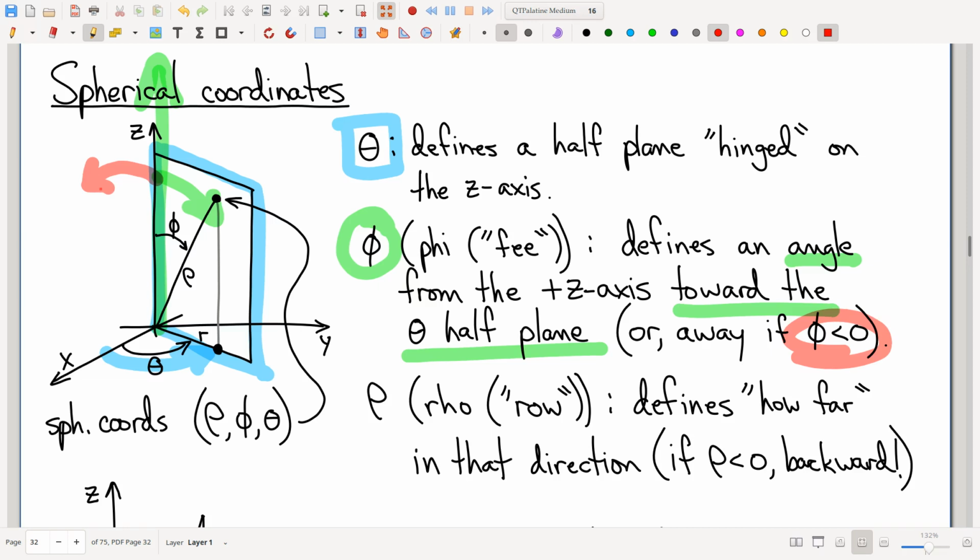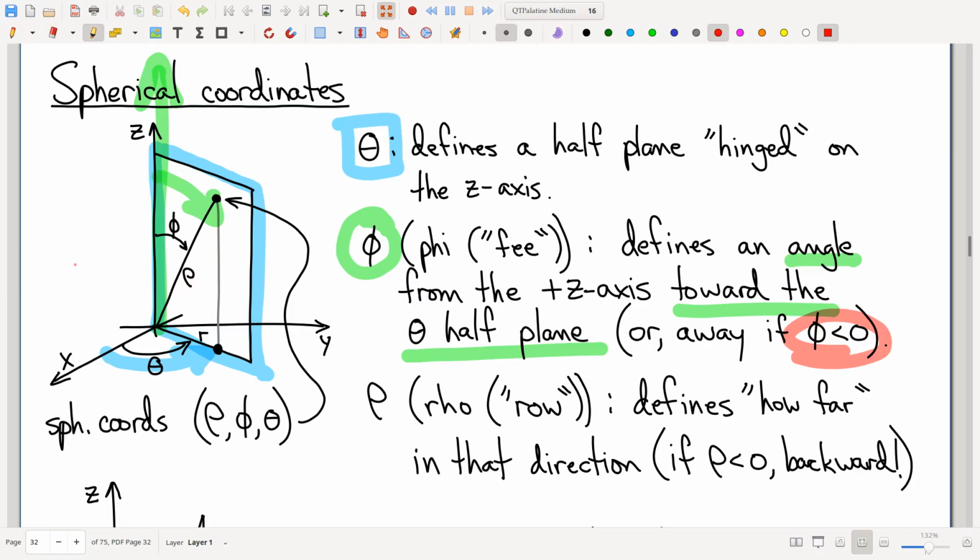So one thing I like to point out is, and not technically that you have to do it this way, but the way I'm setting things up here, you kind of have to designate theta before you can really even talk about phi. Right? Because we don't even know which direction phi goes until we've decided what theta is. Okay? So do keep that in mind.